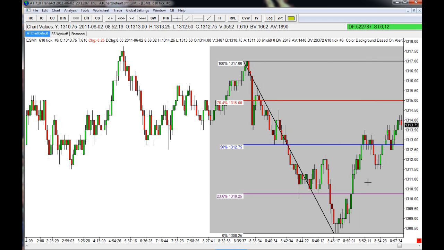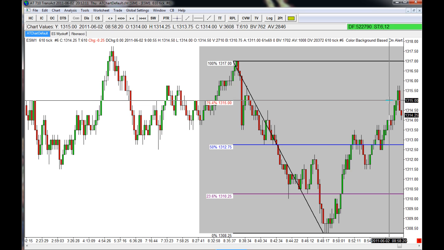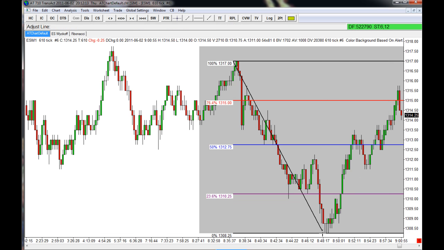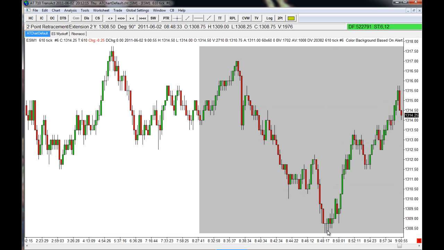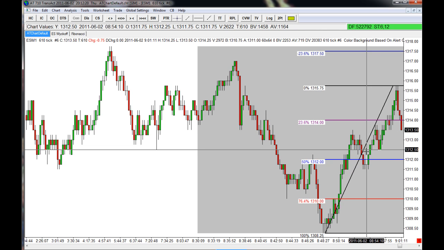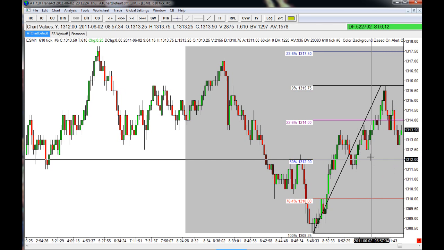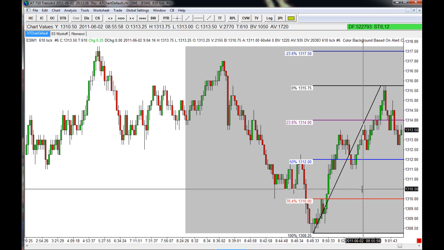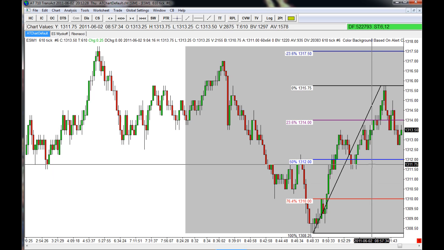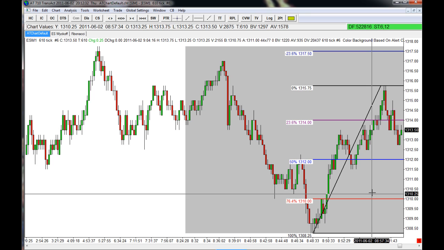Okay, then we can see right here price broke through the 76.4% level, so I would be drawing a new fib in the opposite direction, as such. As you can see here, the distance between the entry, or the 50% level, and where the stop would be, is 8 ticks.